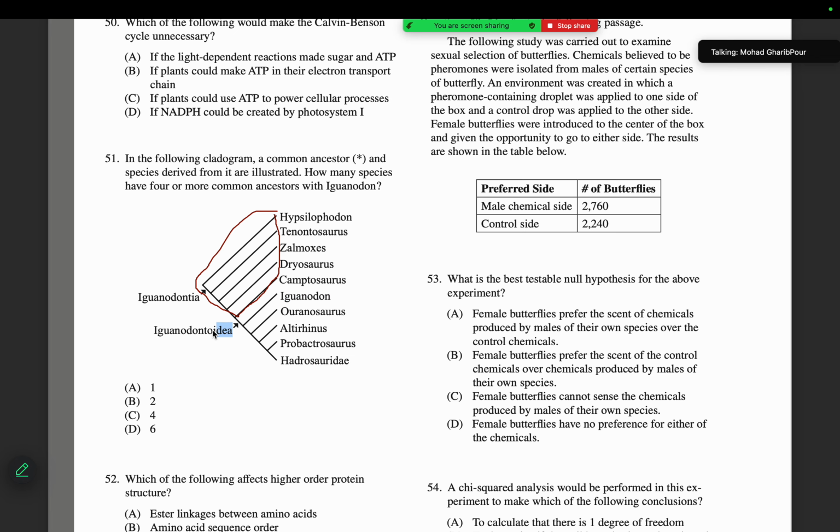So, are they saying these are also species? I'm so confused. Okay, 1, 2, 3, 4, 5. Common ancestor.